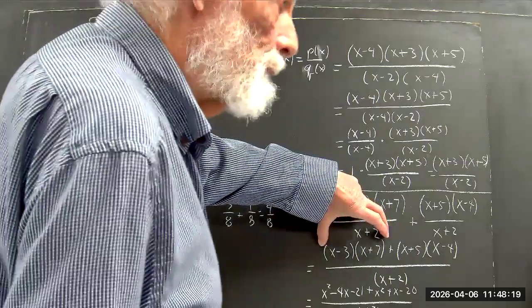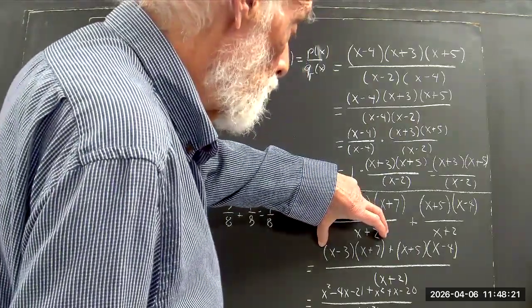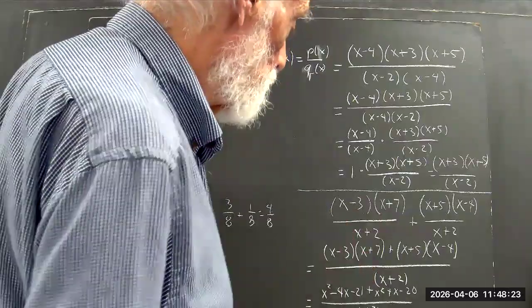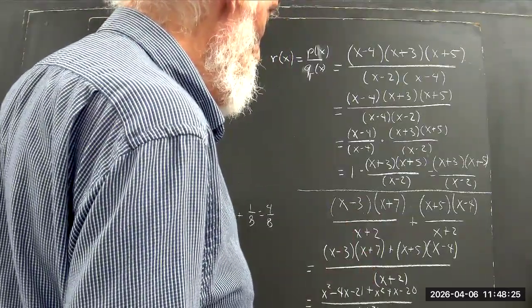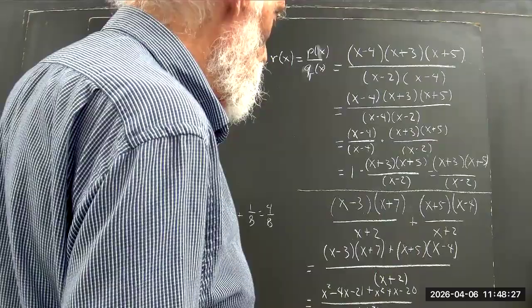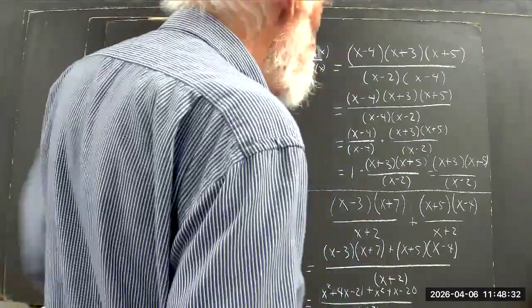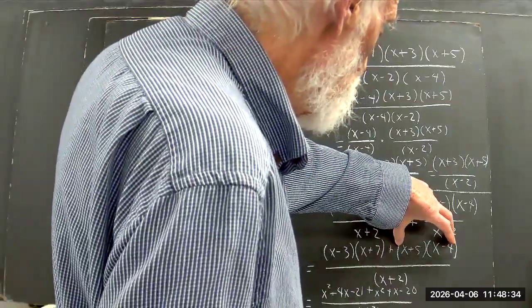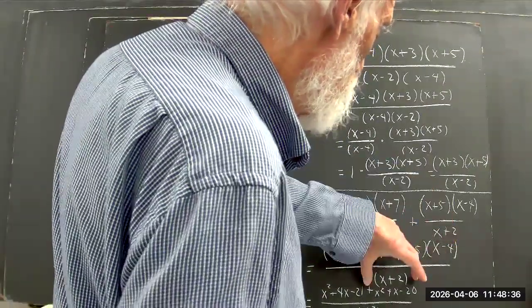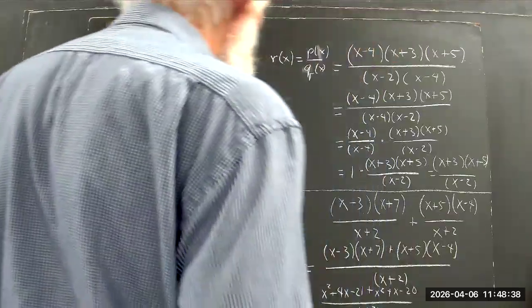So all I've done here is multiply the first two binomials. And I made a mistake. It's x squared plus 4x minus 21. And x plus 5 times x minus 4 gives x squared plus x minus 20.